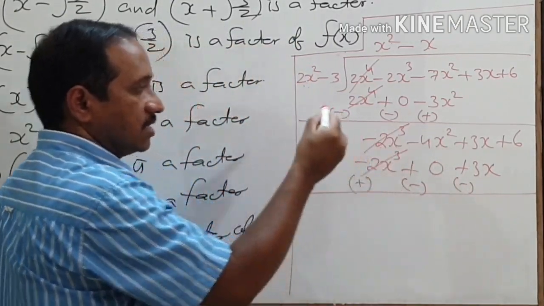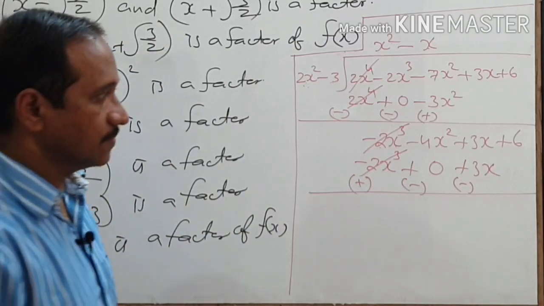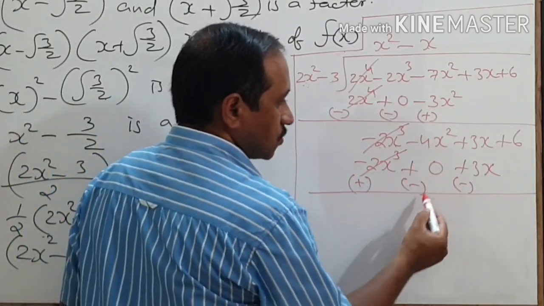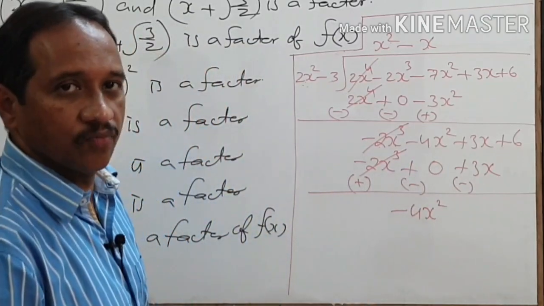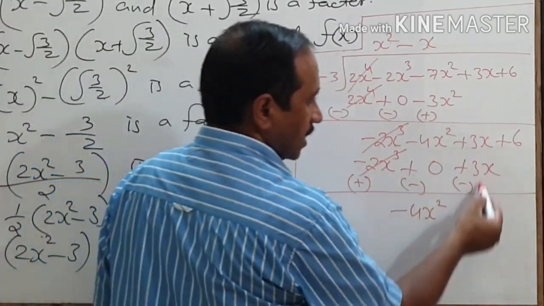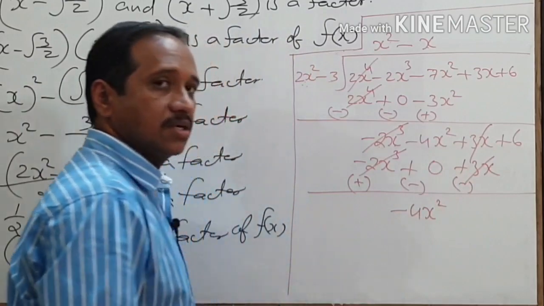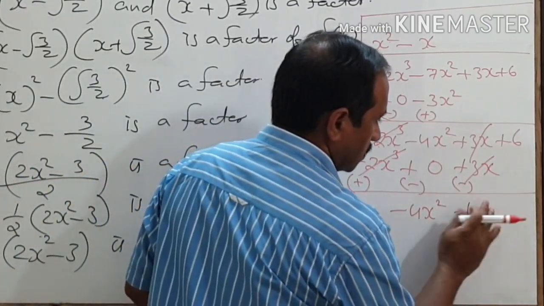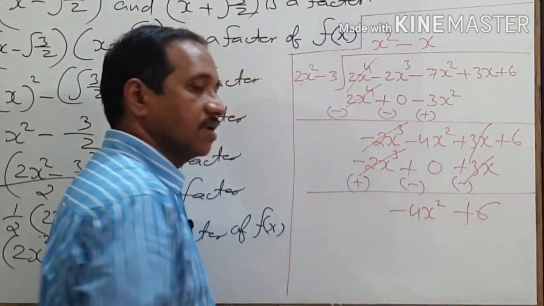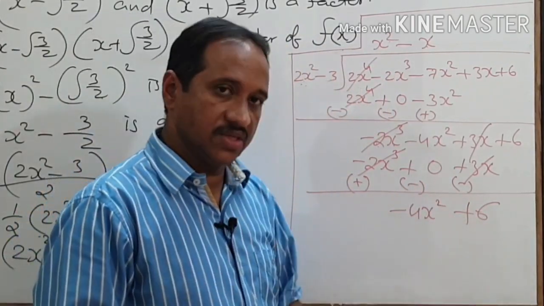Minus 2x cube will get cancelled. Minus 4x square minus 0 is minus 4x square, and 3x minus 3x will be cancelled, and here we have a plus 6.